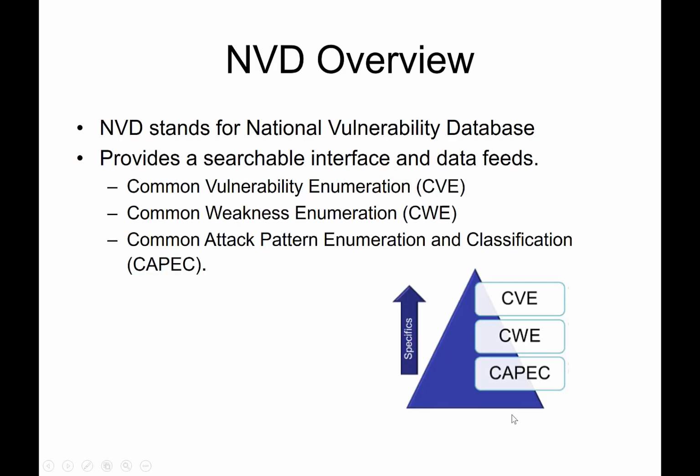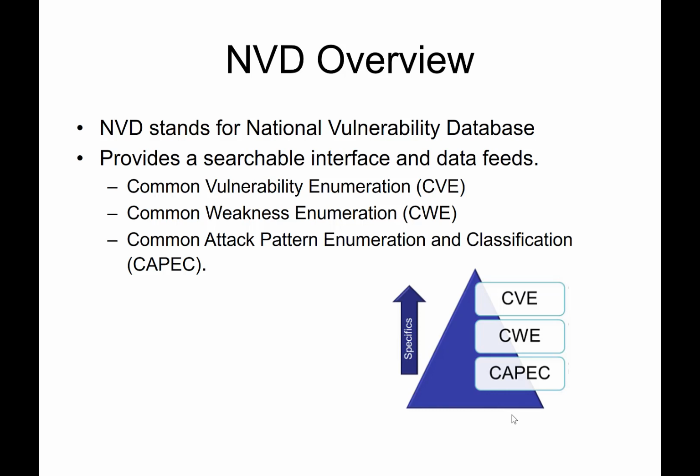Next, we're going to talk about where we are going to operate MapReduce functions, in this particular NVD repository. NVD stands for National Vulnerability Database. This provides a searchable interface and data feeds. It provides a lot of data.